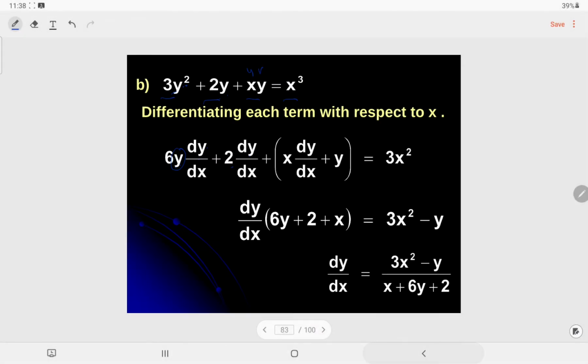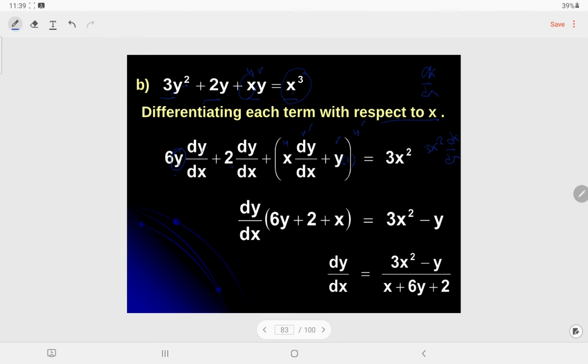So u v prime plus v u prime, where u prime for x is dx over dx, equal to 1. This equals the derivative of x cubed with respect to x, so 3x squared. There is no need to write dx over dx because it is equivalent to 1, unless it is with the variable y, where we differentiate with respect to x, so we need to write dy over dx.